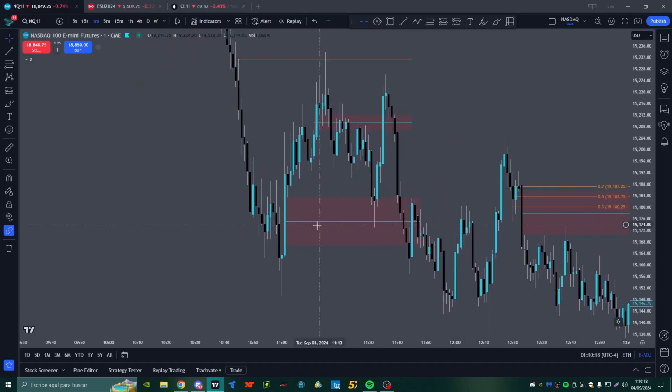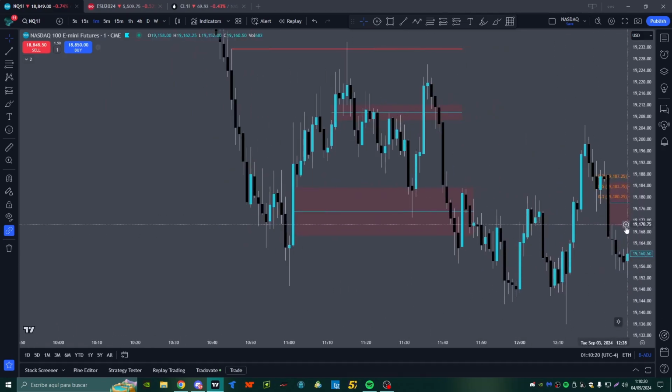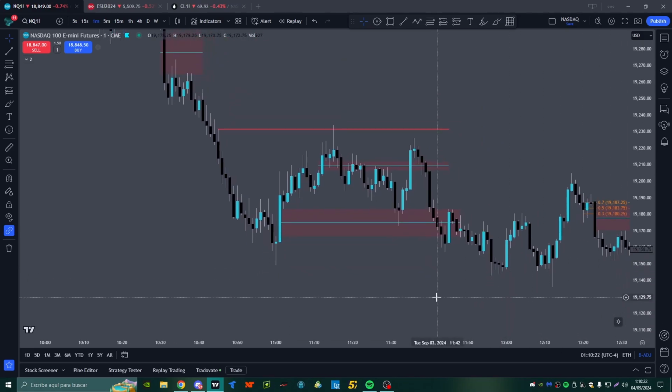And look how beautifully it's preparing in the opposite direction. The same thing. It's accumulating upwards and gives me a 1-minute imbalance, unmitigated here. This one was beautiful. This sector here in an unmitigated imbalance.